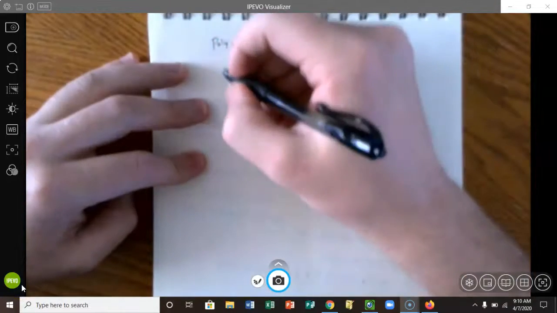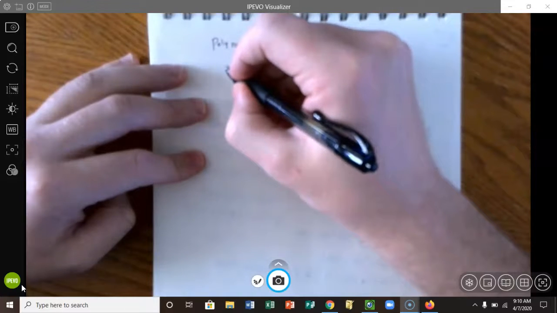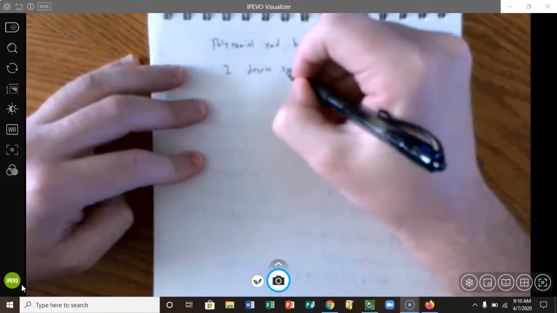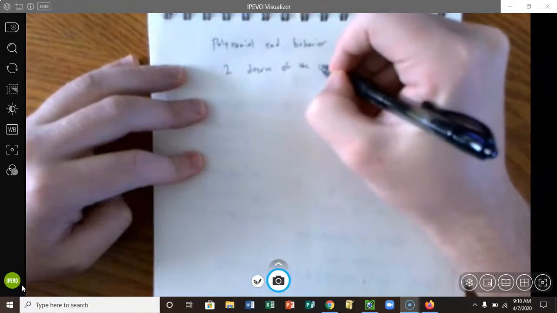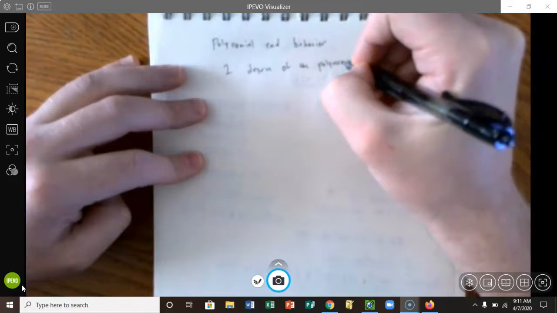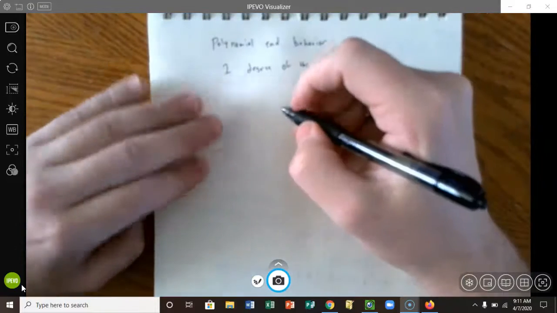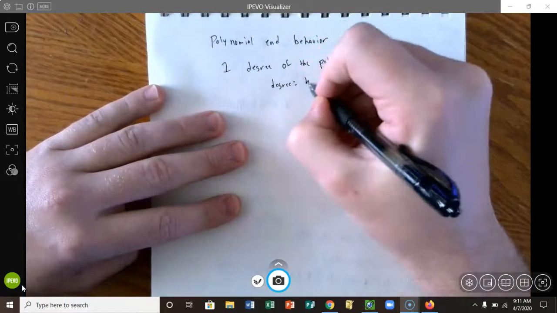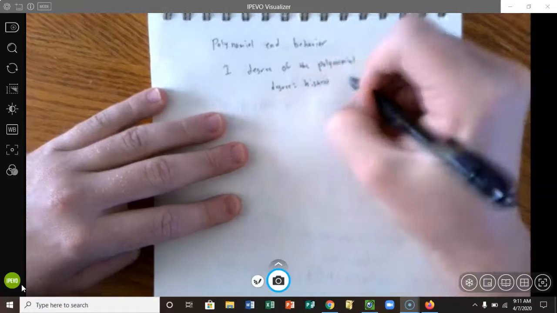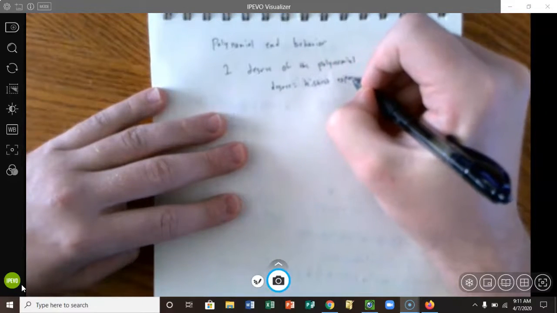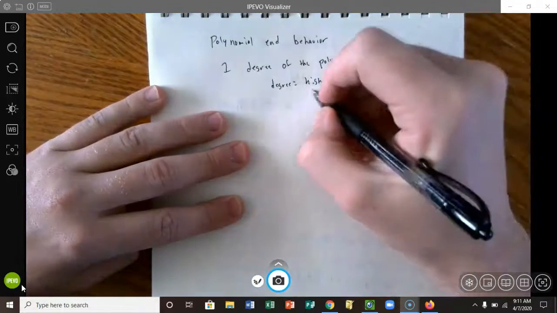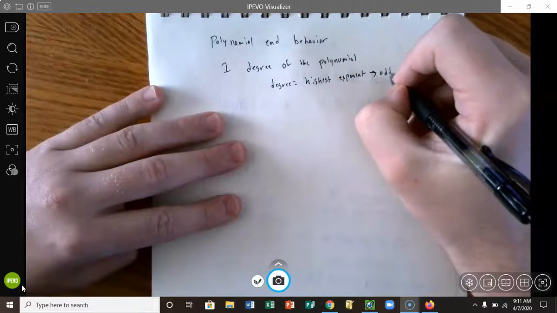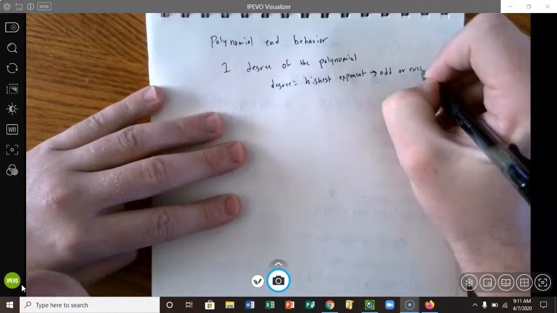First thing we've got to realize is that the end behavior is based upon two things. The first is the degree of the polynomial. You'll remember that the degree is equal to the highest exponent, and what we are mainly concerned with is if this highest exponent is odd or even.